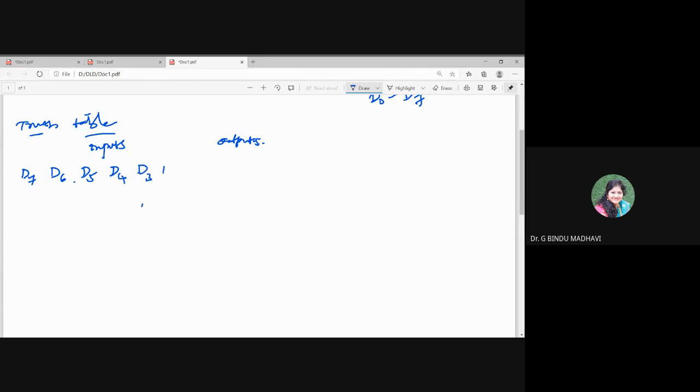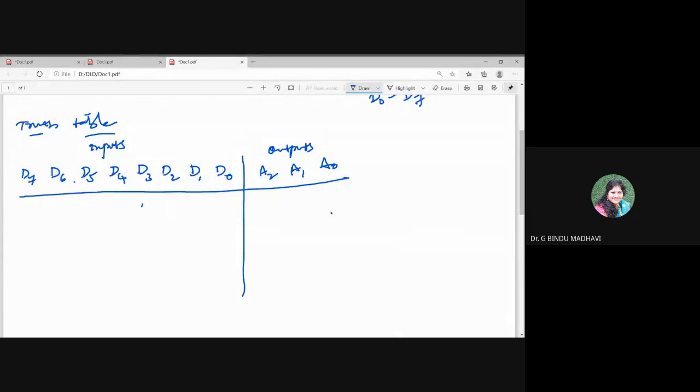Inputs D7 to D0, and next, outputs A2, A1, A0. In the first case, D0 is active and the remaining are all 0, for example. Now what will be the output? The outputs represent the binary value related to this combination.